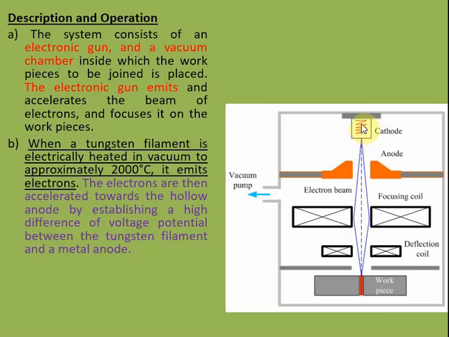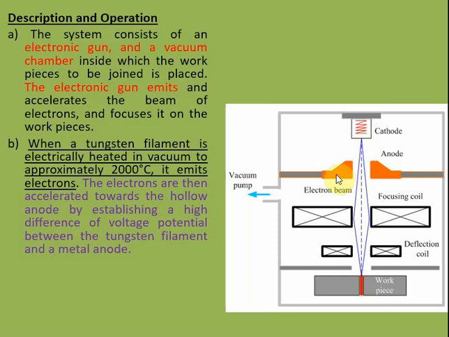If we electrically heat the tungsten filament to a temperature of nearly 2000 degrees Celsius, it emits electrons.